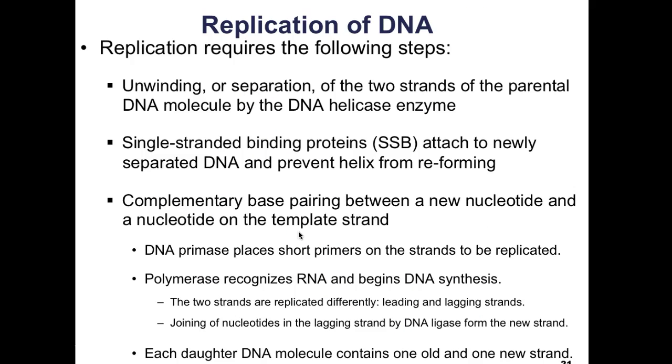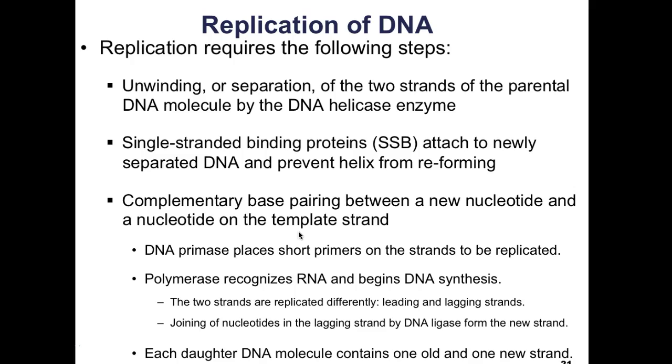So, the mechanism of replication of DNA. Replication requires the following steps. First, there is the unwinding or the separation of the two strands of the parental DNA molecule by an enzyme called DNA helicase. Single-stranded binding proteins, or abbreviated SSB, are going to attach to newly separated DNA and prevent the helix from reforming.